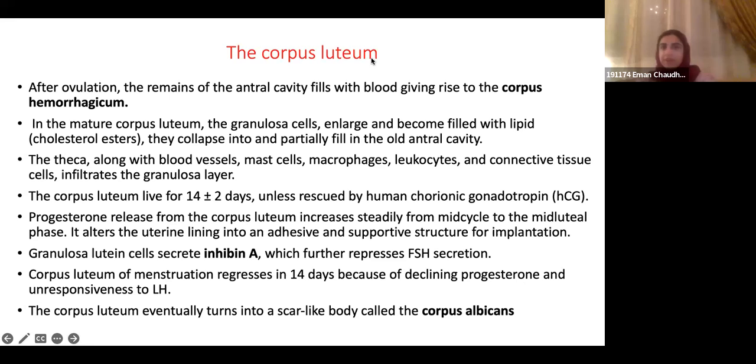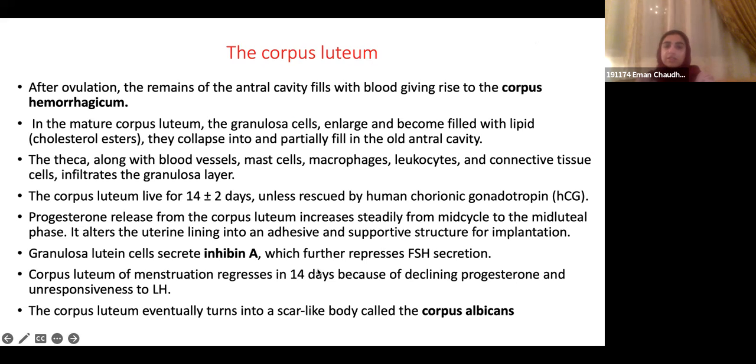So the corpus luteum, again, is basically producing progesterone, inhibin, and estrogen. The progesterone is important for the endometrial lining to be maintained. The estrogen is there for secondary sexual characteristics, and the inhibin is going back to the pituitary, which suppresses FSH secretion because you don't want folliculogenesis when you're in your luteal phase.